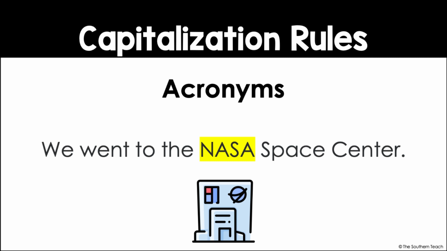Acronyms are capitalized. We went to the NASA Space Center, so we would also capitalize NASA. And it's just like Dallas Fort Worth Airport. We capitalize the DFW when we talk about DFW Airport. Remember, if you need to go back to write any of this down, you are welcome to.